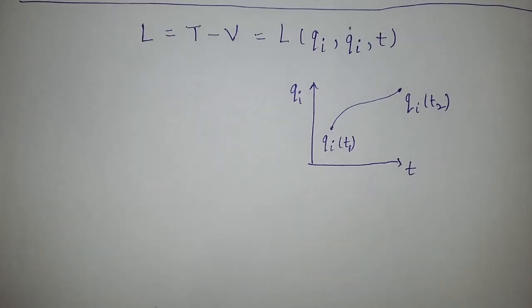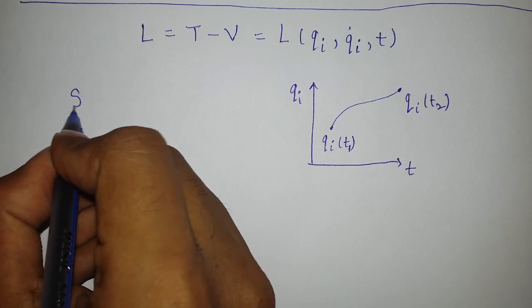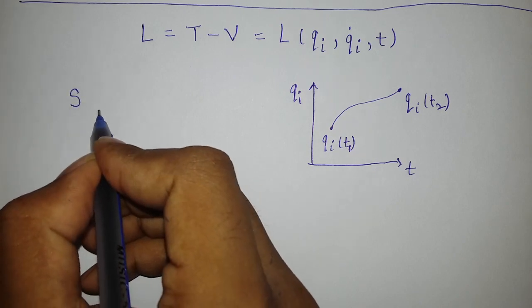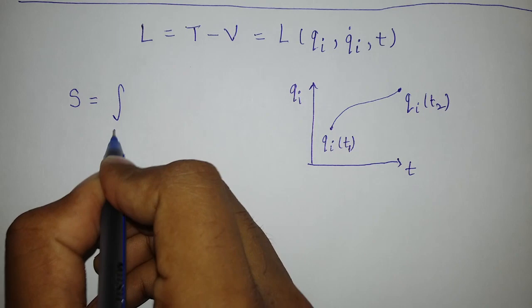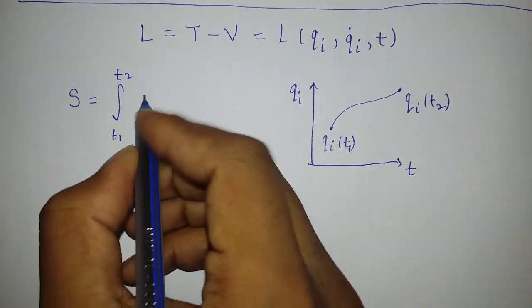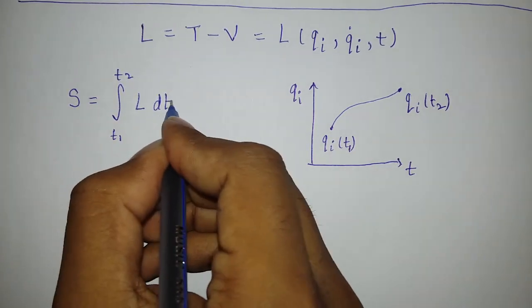For this purpose, let us define something called the action, defined to be the integral from t1 to t2 of L dt.